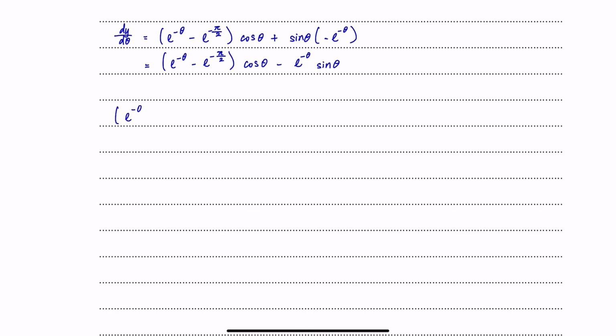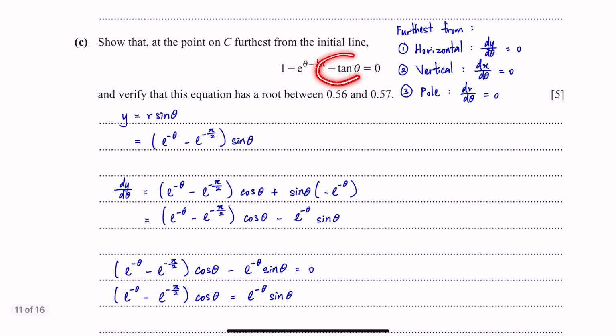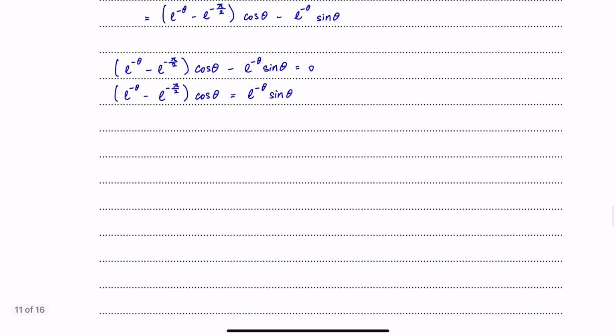So this whole thing equals 0. And we can move it in this way, equals e to the power of negative θ sin θ. And now, since the equation has tangent, we can find tangent when we move this to this, right?